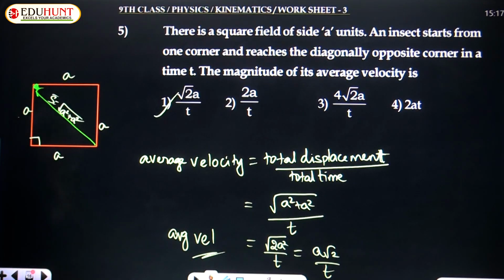That's it, children. Average velocity is total displacement over total time taken.